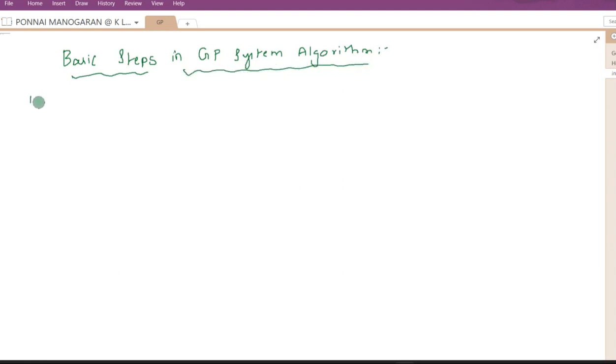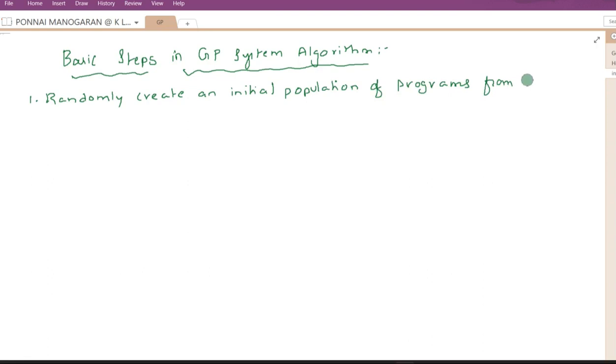The first step, by this time you could have understood, you need to randomly create an initial population of programs from the available primitives.